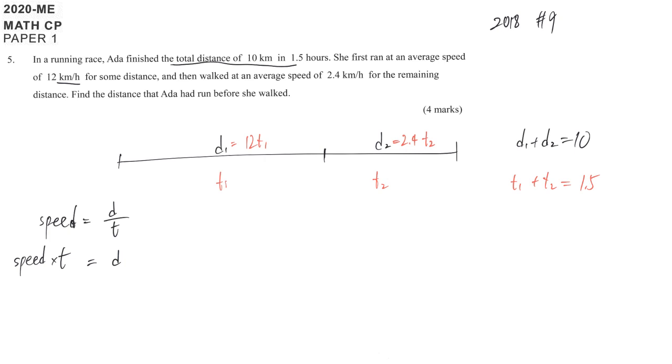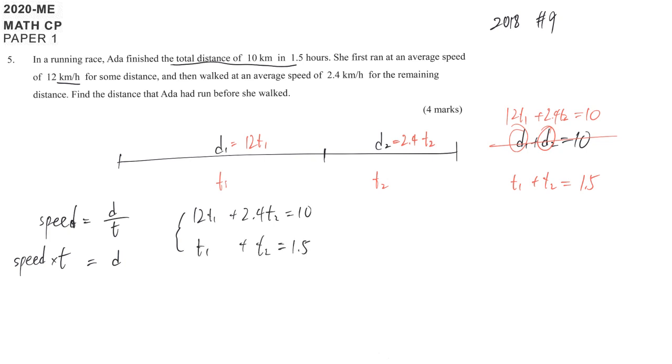So now we can replace D1 and D2 in terms of T. So we have 12 T1 plus 2.4 T2 is equal to 10. We have two simultaneous equations, then we just solve as usual. Copy down, 12 T1 plus 2.4 T2 is equal to 10. And then we have T1 plus T2 is equal to 1.5.